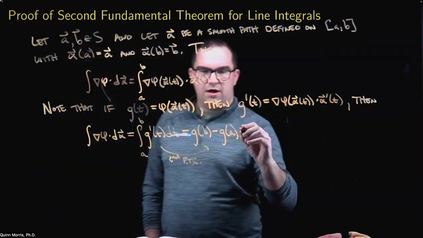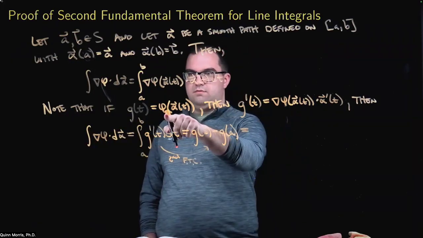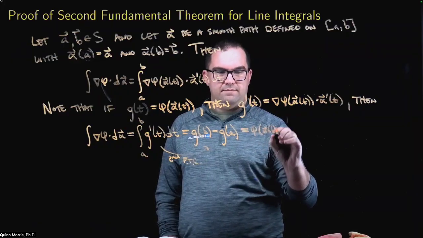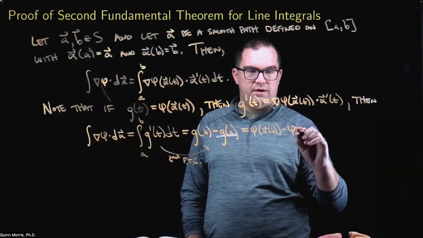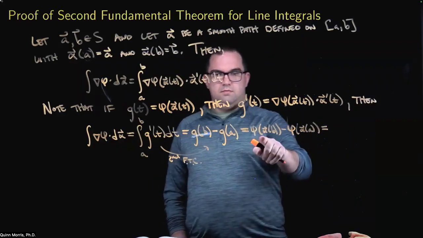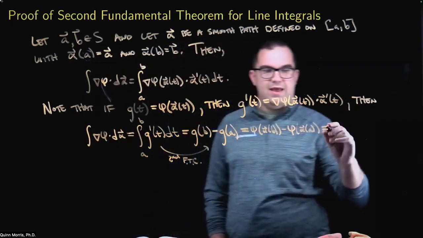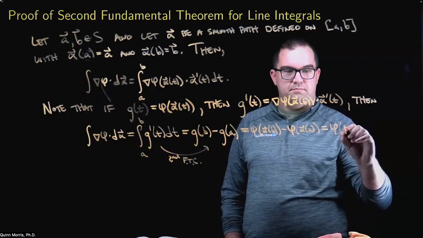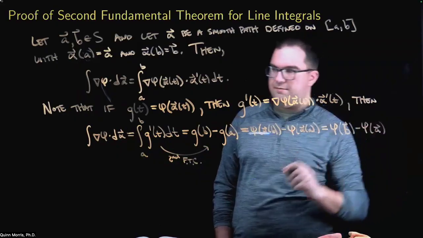But now let's see, what is g of b? Well, g of b would be psi of alpha of b, minus g of a, which would be psi of alpha of a. But alpha of b is just vector b, and alpha of a is just vector a. So this is psi of b minus psi of a.